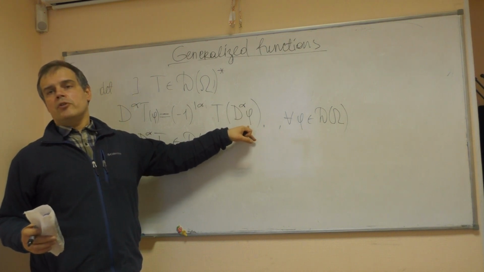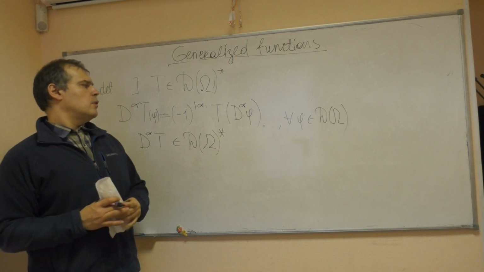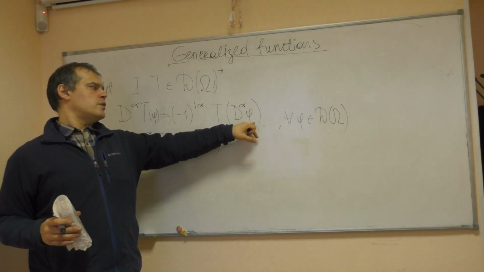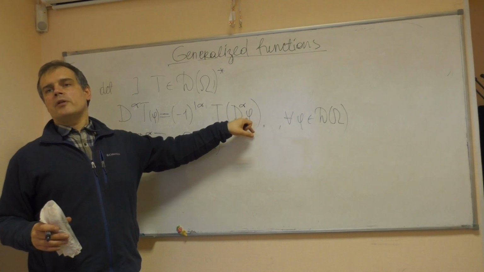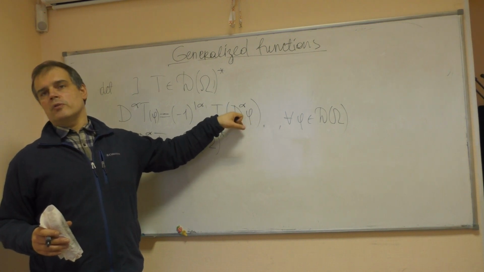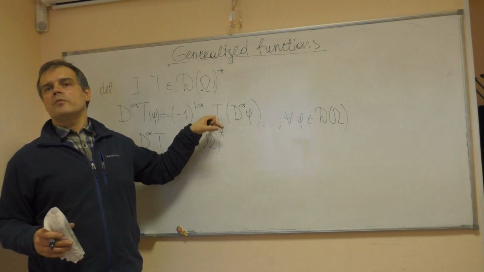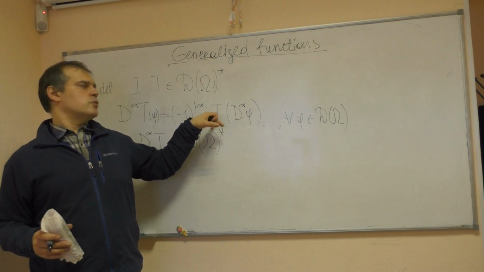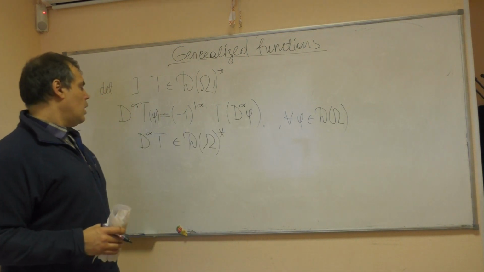Derivative is a linear operation, so if we have a linear combination of phi's, the derivative of this linear combination will be a linear combination of derivatives. And T is a linear functional, so it will be a linear combination of values from each component.